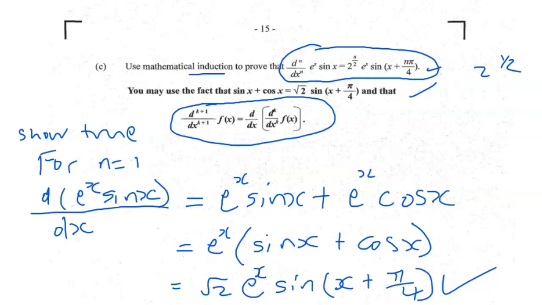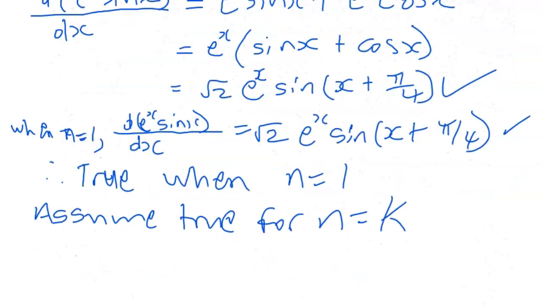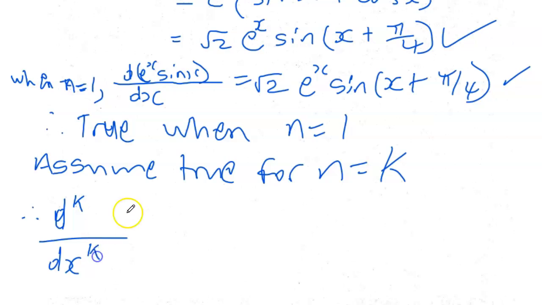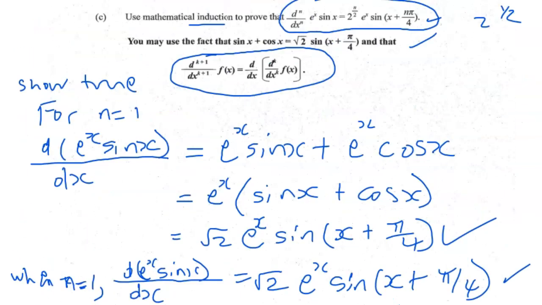So the kth derivative d^k over dx^k of e to the x sine x is equal to, we write back everything except we're replacing now n with k.